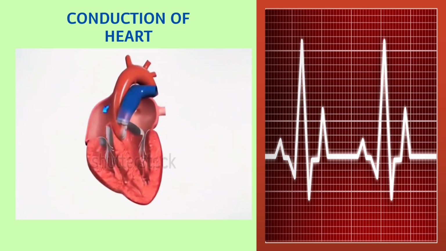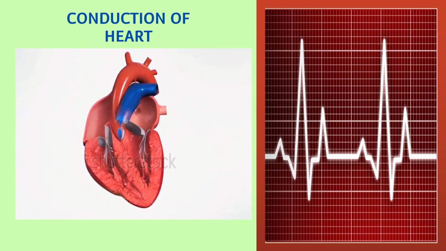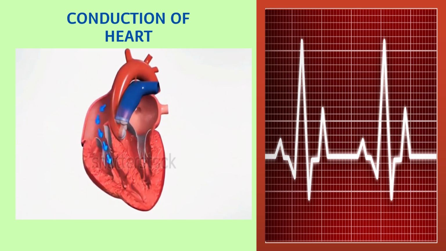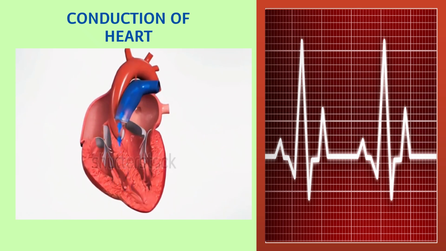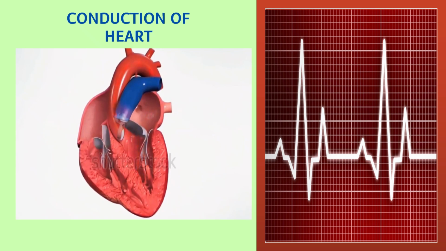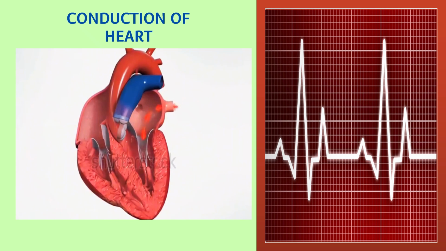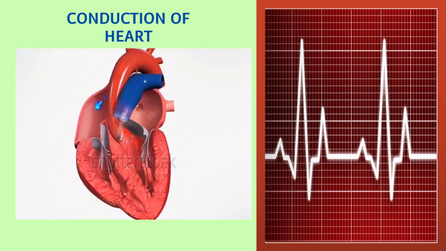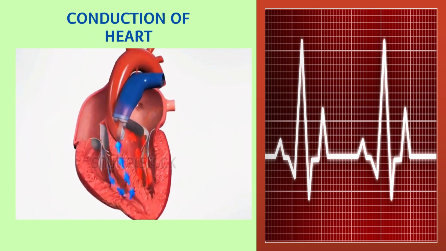The blood which is not oxygenated goes into the pulmonary circulation. After gaseous exchange, the oxygenated blood returns into the left atrium, the left ventricle, and then via the aorta it goes into the systemic circulation to all parts of the body. This is about the conduction of the heart.